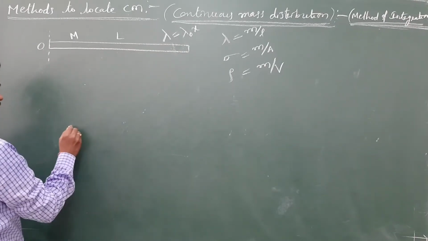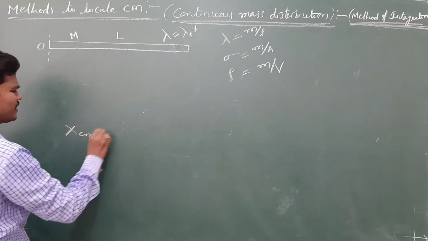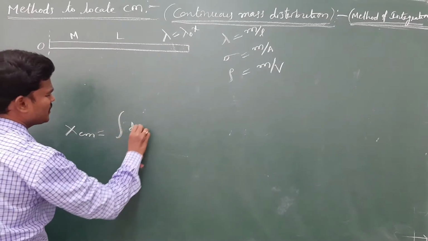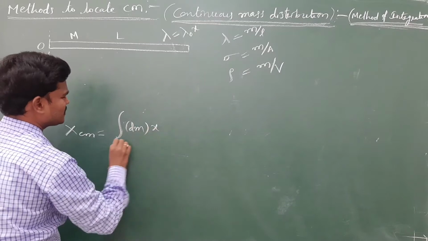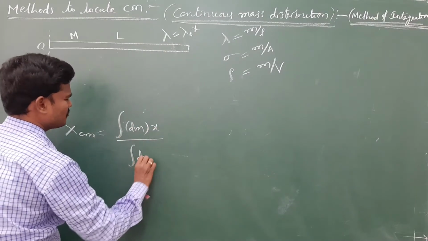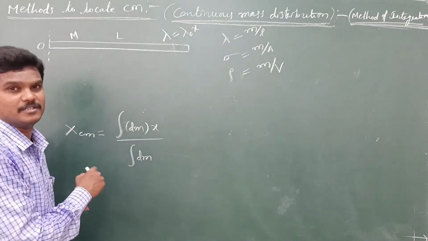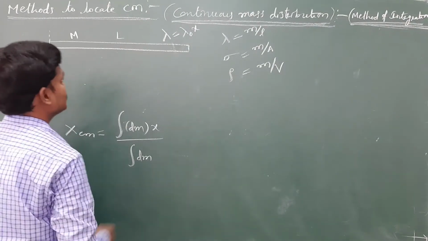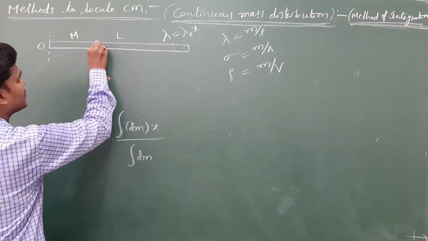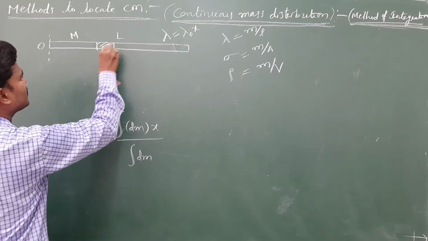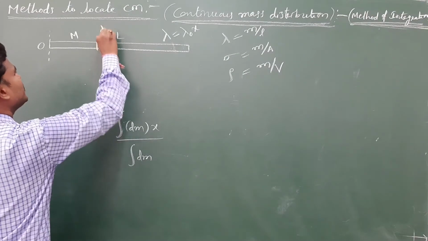We know the method of integration formula. So xcm we can write as integration of dm times x by integration of dm, where dm is a small part of the body, a small part of the rod. So let us take a small elemental length whose mass is dm.